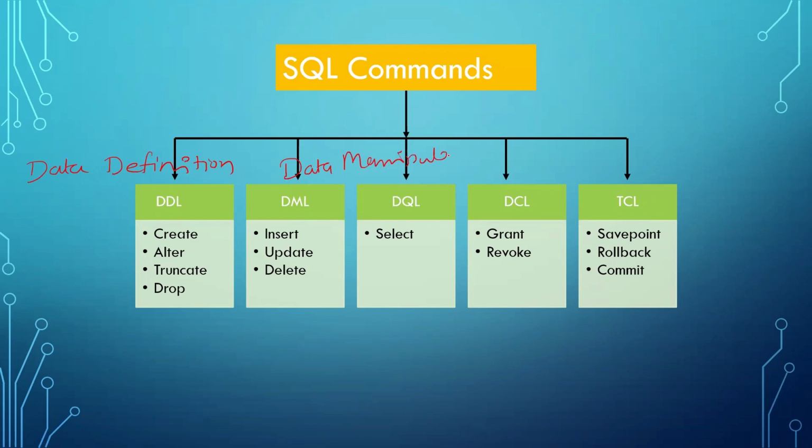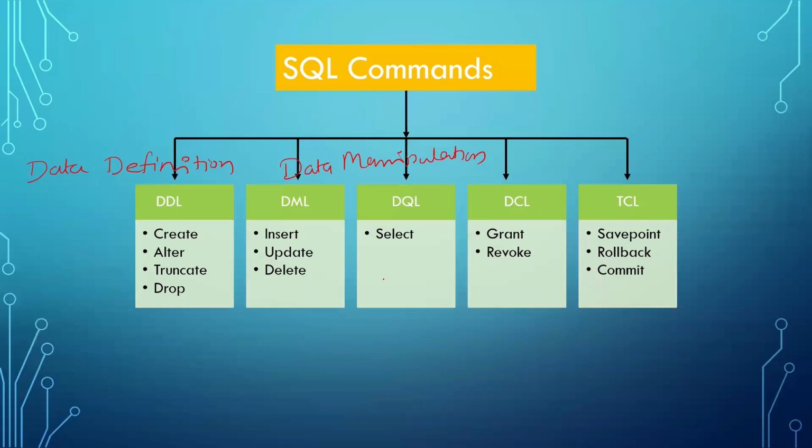And DQL, Data Query Language. Especially in this DQL, the select command is used, which we are going to discuss later. And DCL means Data Control Language, and then TCL, Transaction Control Language.